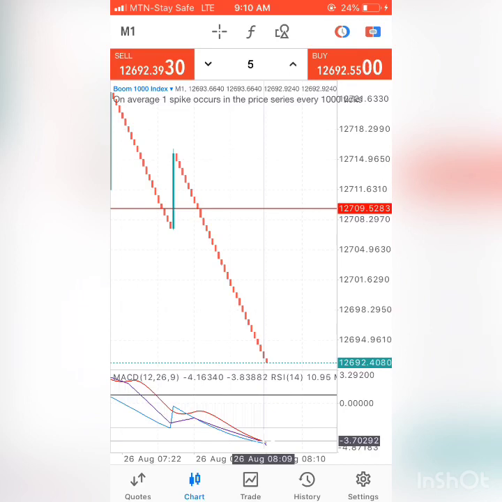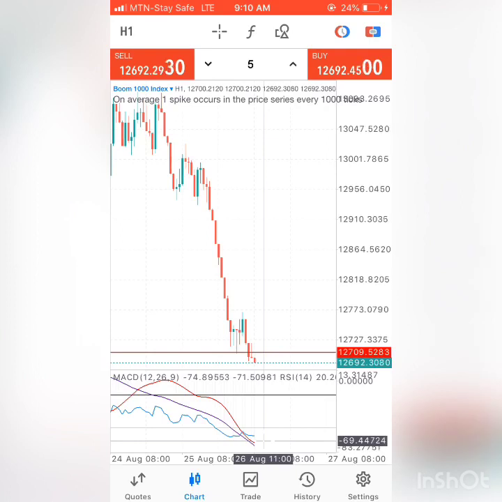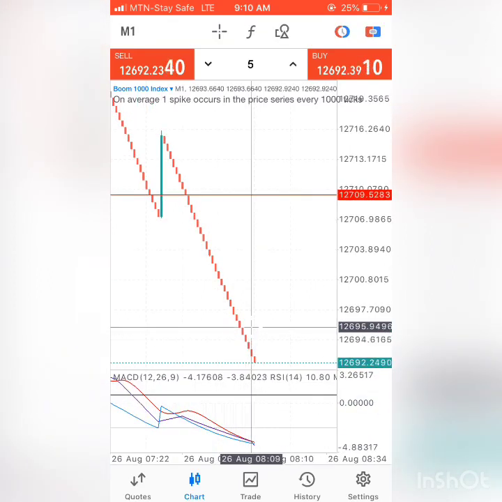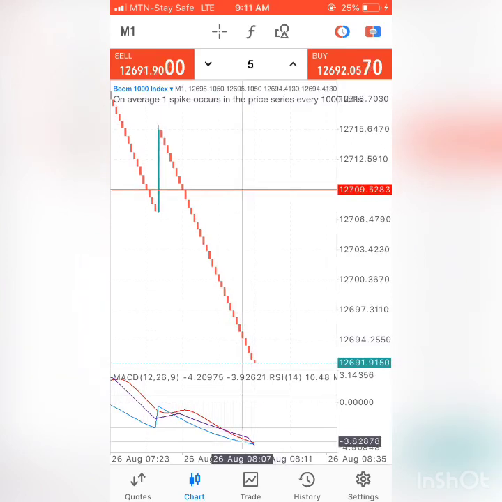But also, being that this is a 1 hour time frame and it's showing a very strong bearish market, it's been going down, and as you can see, we were able to catch a couple of candlesticks which gave us that profit. So it would be a good time to scalp, but I would have loved to keep this video running, but having shown you how to catch the spike, the confirmations you need.